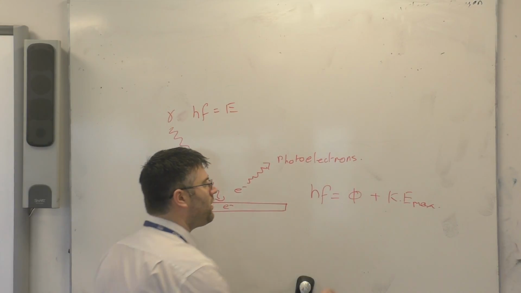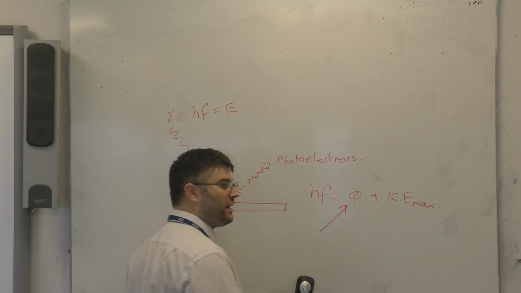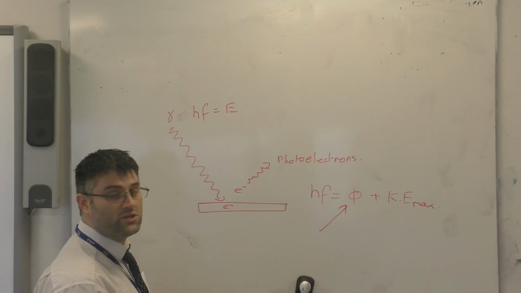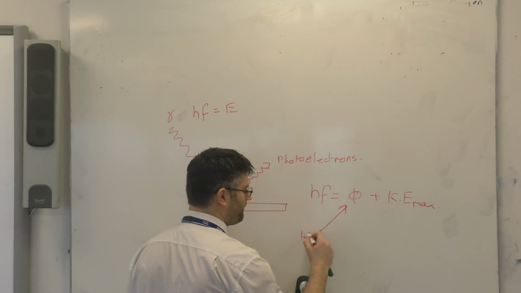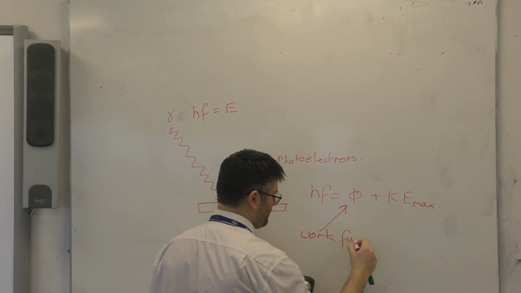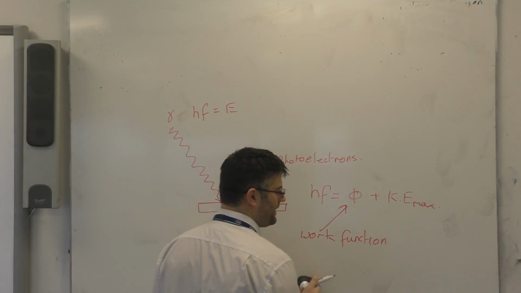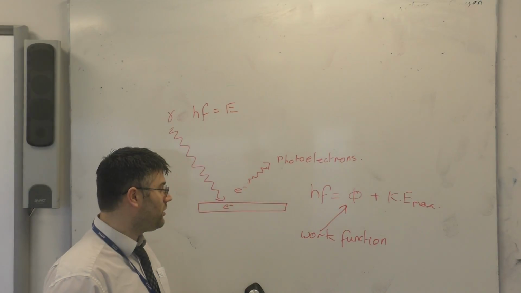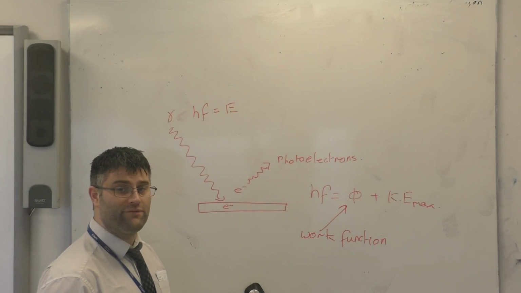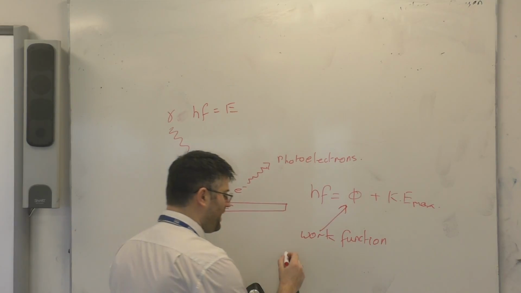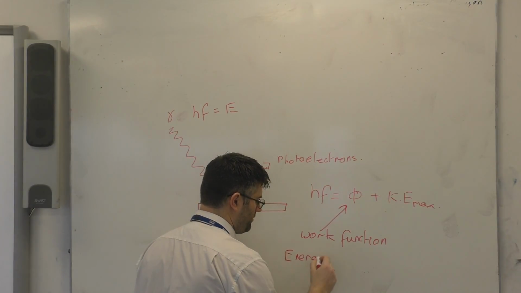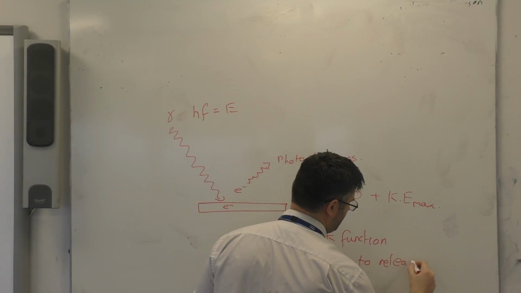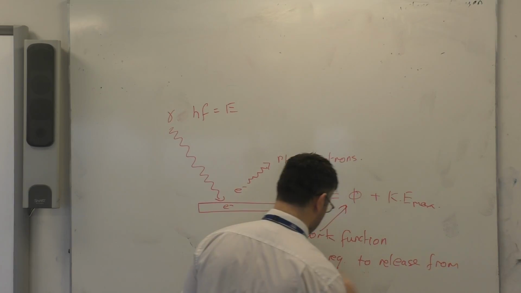So the energy required to release an electron from the surface of the metal, or material in this case, is called the work function. It's the amount of energy that is required to release an electron from the surface of that material.